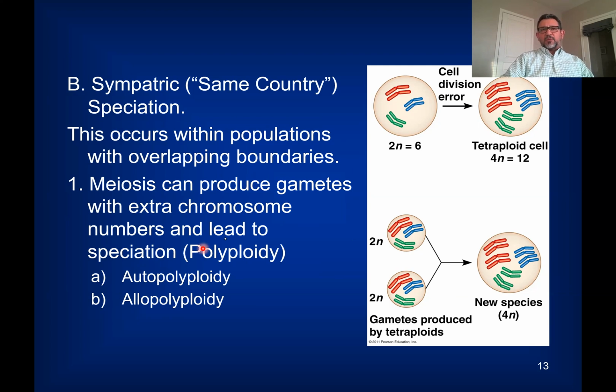Autopolyploidy is when, within one organism, this error of mitosis and later meiosis allows for the making of gametes that have extra sets of chromosomes, and the subsequent offspring will also have extra sets of chromosomes. If these tetraploid individuals cannot mate with the original organisms that had the normal number of chromosomes, now they become a new species.